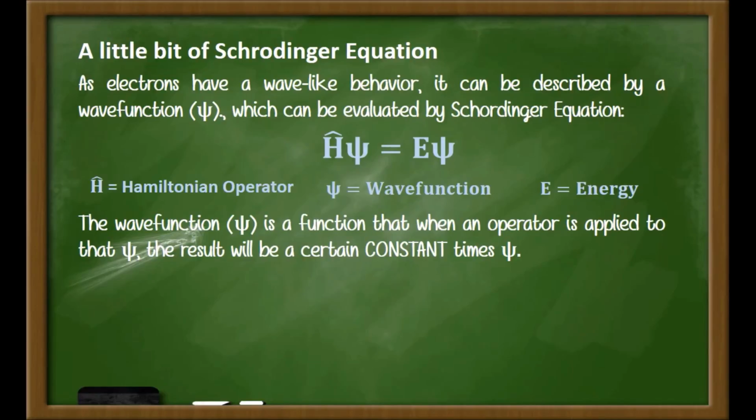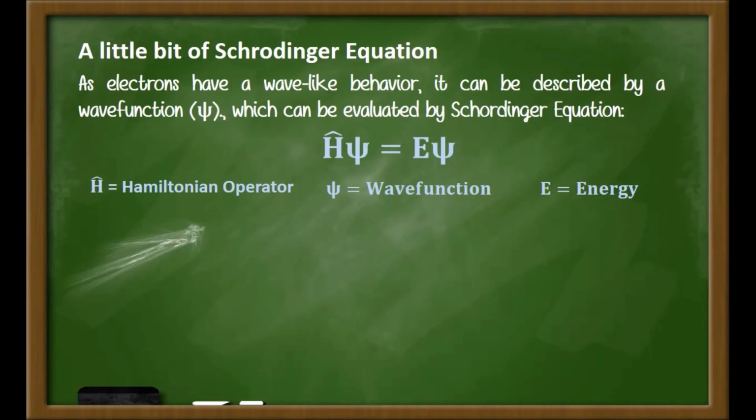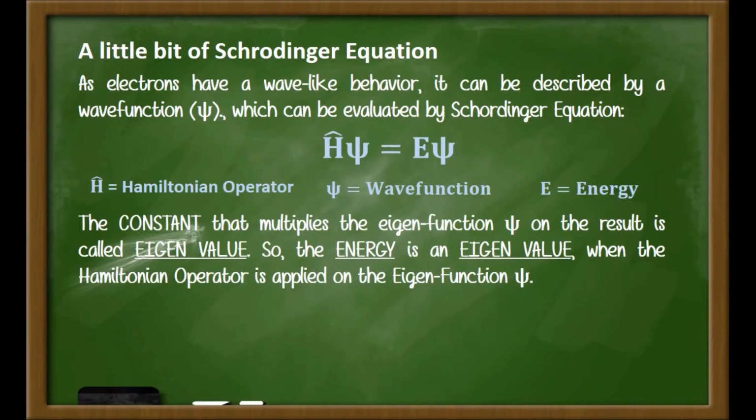The wave functions that have this property are called eigenfunctions. In the same way, that constant on the right side of the Schrodinger equation that's multiplying the wave function psi is called the eigenvalue. In this case, the energy is the eigenvalue when the Hamiltonian operator is applied to the eigenfunction psi.